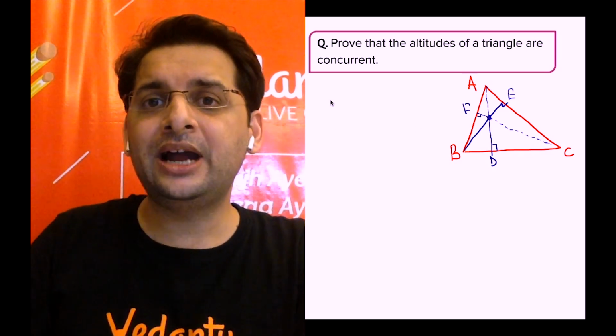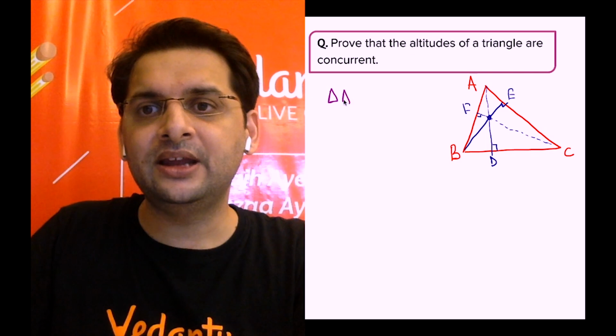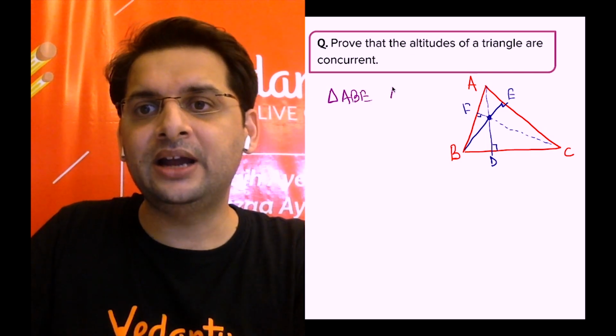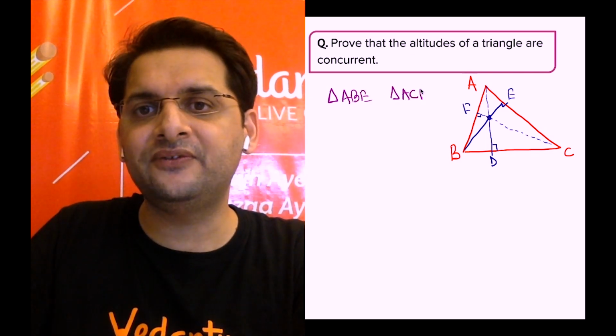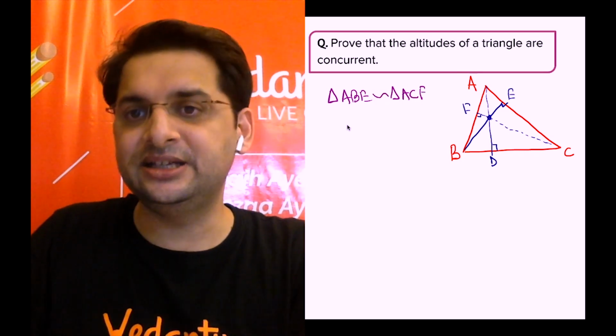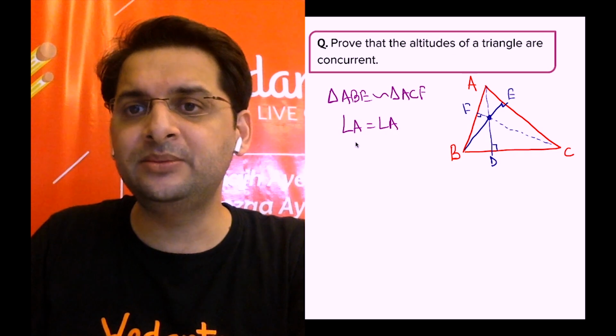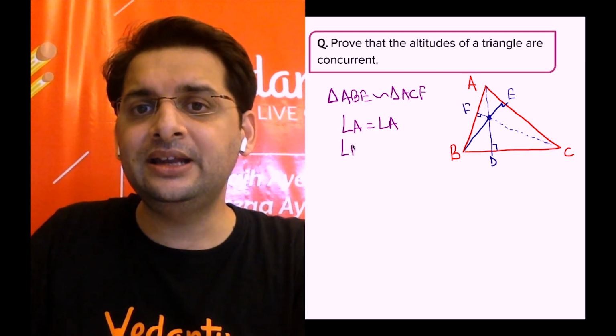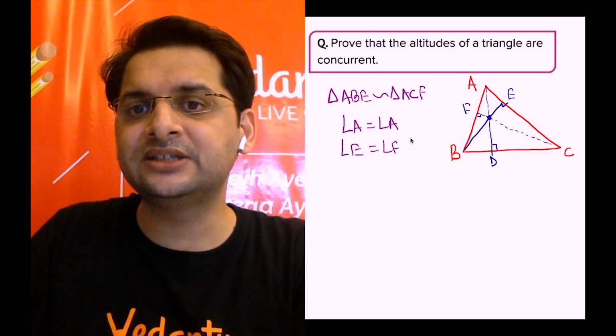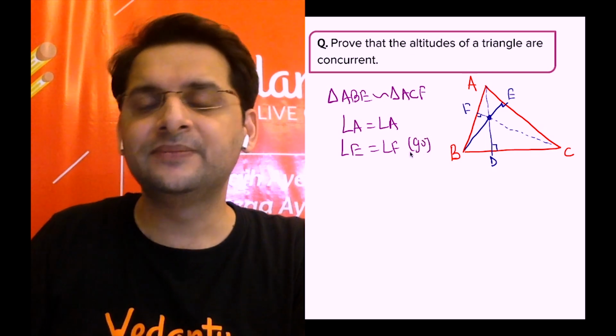So if we look at the triangles ABE and triangle ACF, can I say they are similar in nature? How? Angle A is equal to angle A, which is common in both the cases, and angle E is equal to angle F, which is 90 degrees in both the cases.